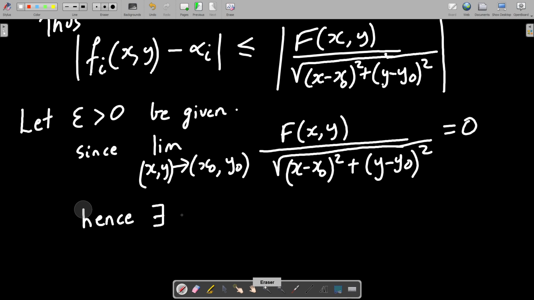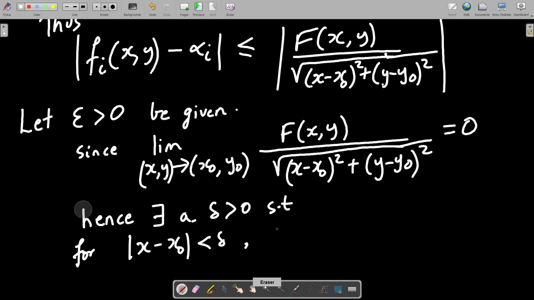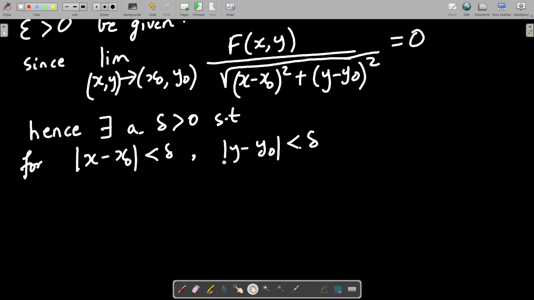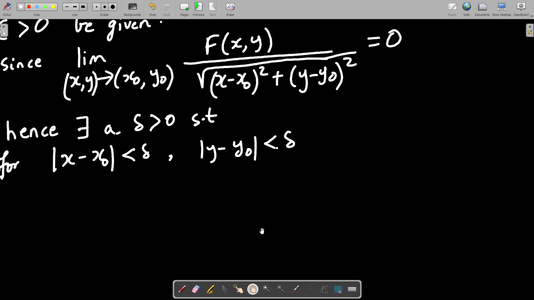there exists a delta greater than 0 such that for modulus of x minus x naught less than delta and modulus of y minus y naught less than delta, what will we be having?